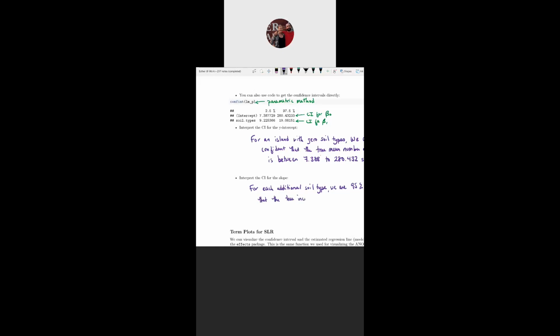I'm going to say the true increase in mean number of species is between 9.225 to 19.082 species.